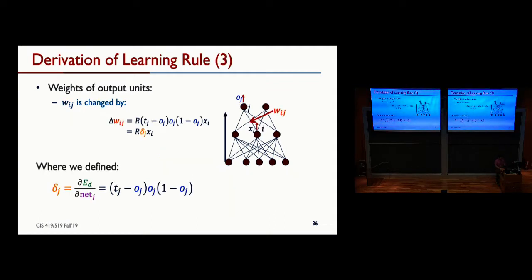I'm writing this again here, and what you would actually be doing is multiplying this with a learning rate r, and you would update the values wij. I have made this variable delta j to denote this particular value. You don't have to remember it, but we'll see why I'm doing this in a while. Anyway, any questions at this point?